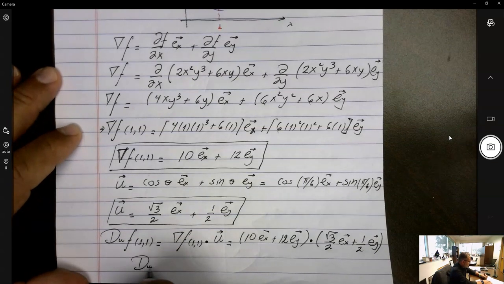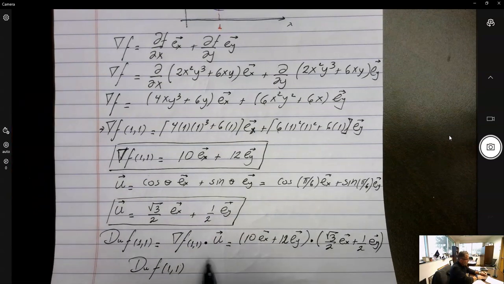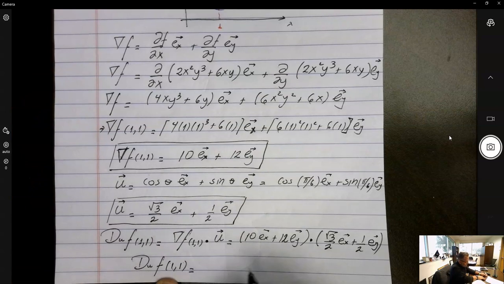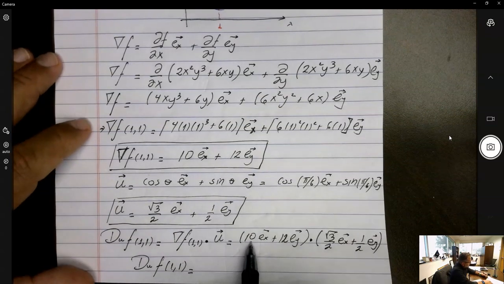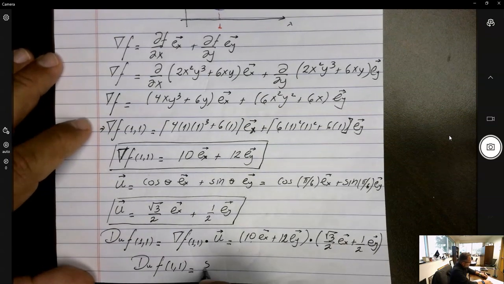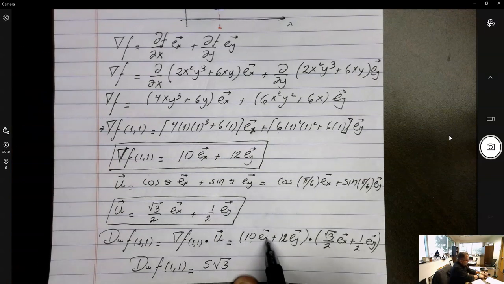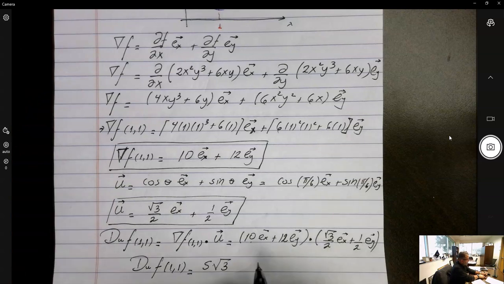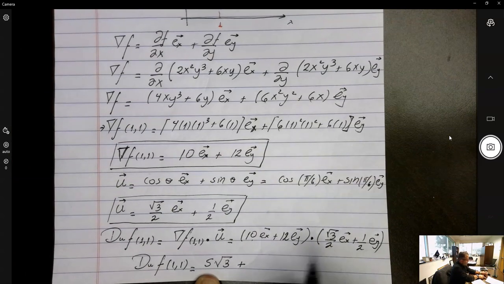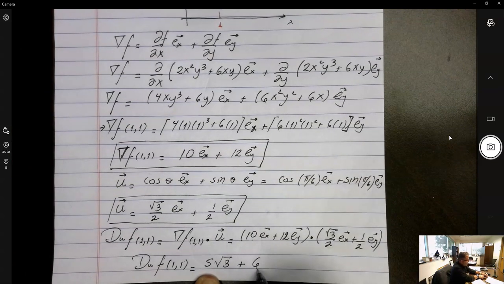So the directional derivative of f at (1,1) along the direction u is equal to 10 times square root of 3 over 2, which is 5 square root of 3, and the vector component disappears. So it's plus 12 times 1/2, which is 6.